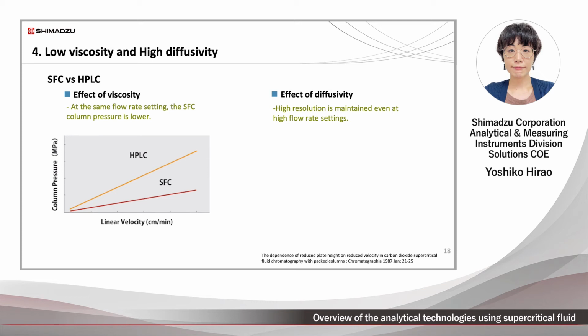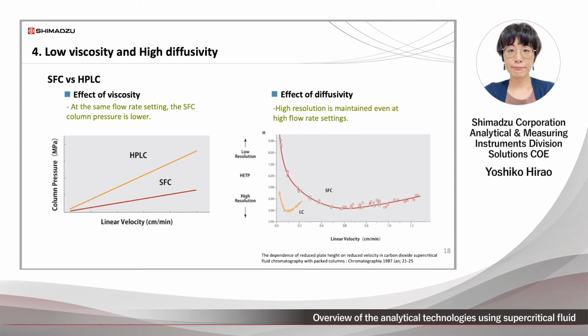The right is the fundamental plot in HPLC and SFC. For HPLC, the separation performance decreases when the linear velocity of the mobile phase is high. On the other hand, SFC keeps its separation performance even at high linear velocities because supercritical fluid has a higher diffusivity than the solvent used in HPLC.